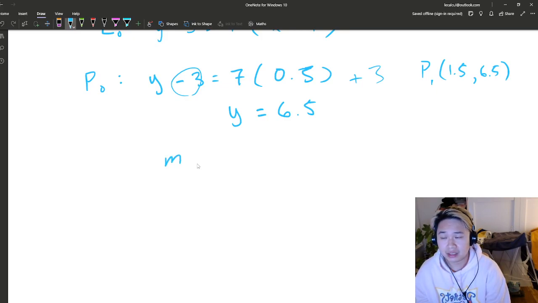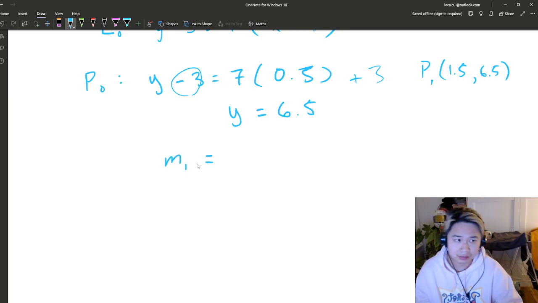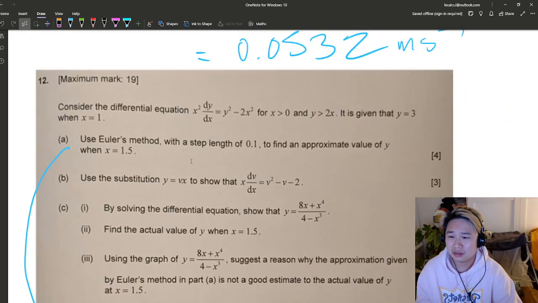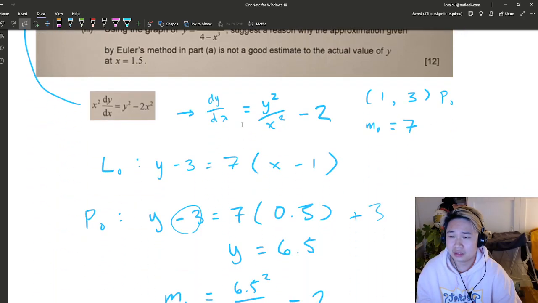This means that the slope of my second line, which I'm going to call M1, is going to be, what was it, y squared divided by x squared minus 2? Yeah.